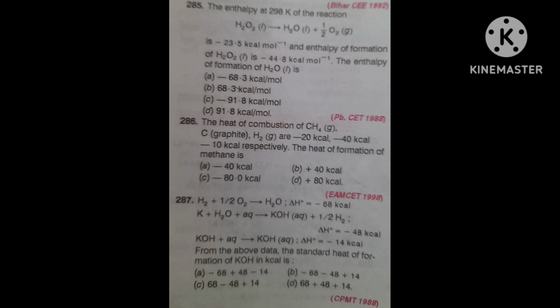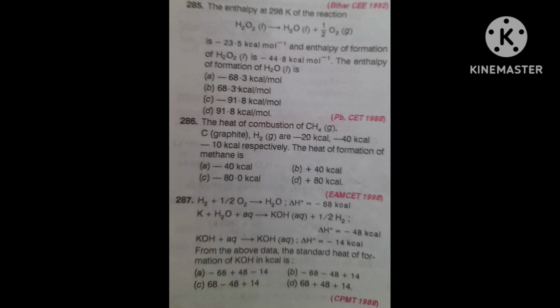Then it is standard delta H of H2O minus standard delta H of peroxide. Simply put the values of these two, and after that you will get the answer.